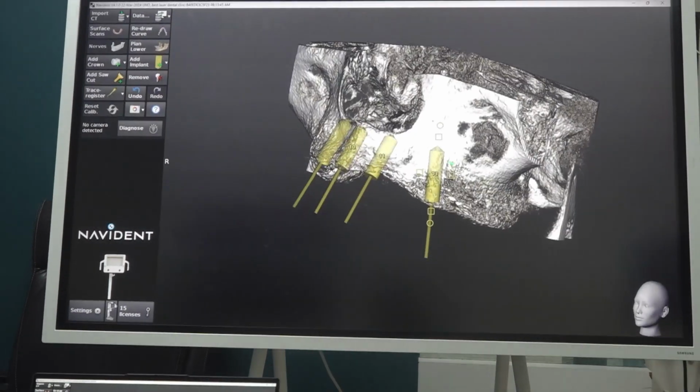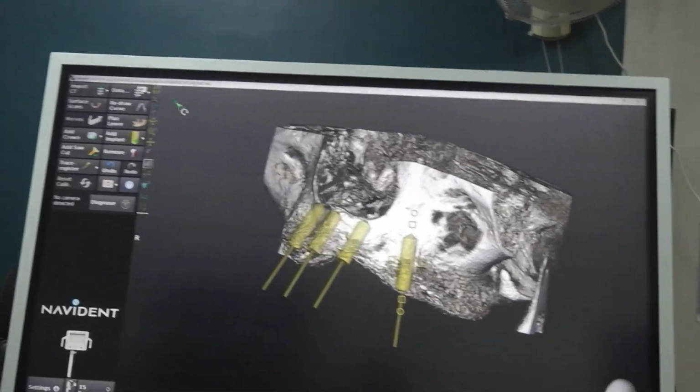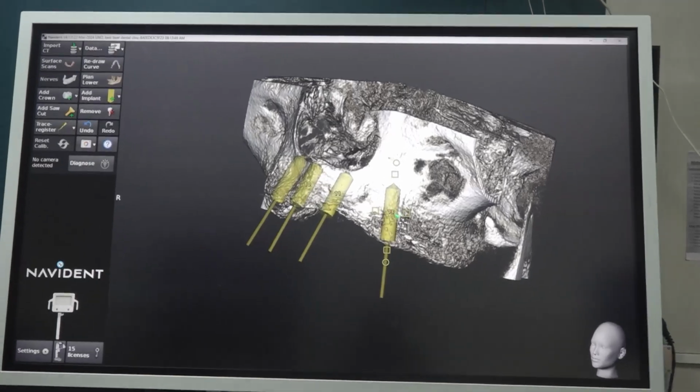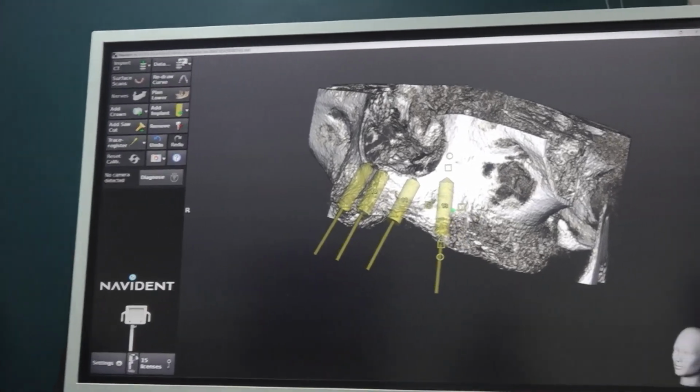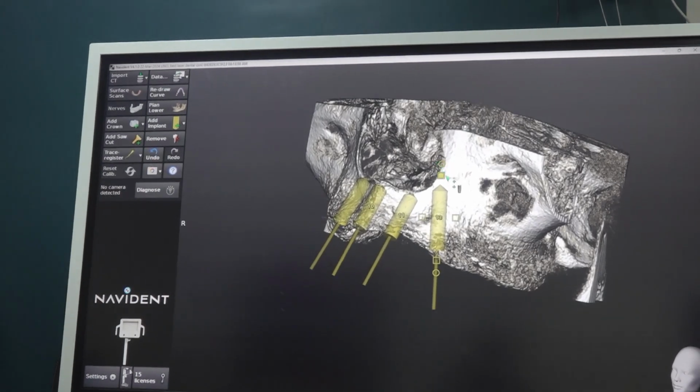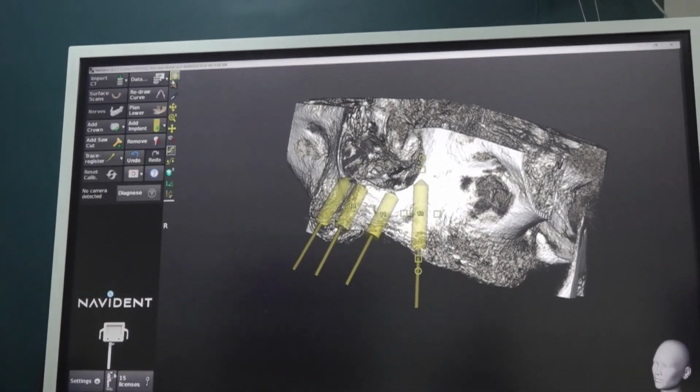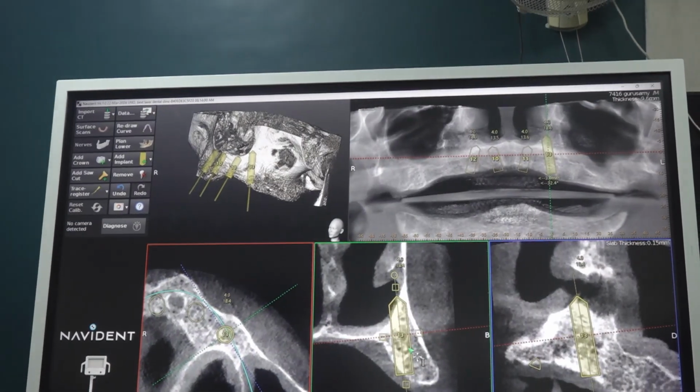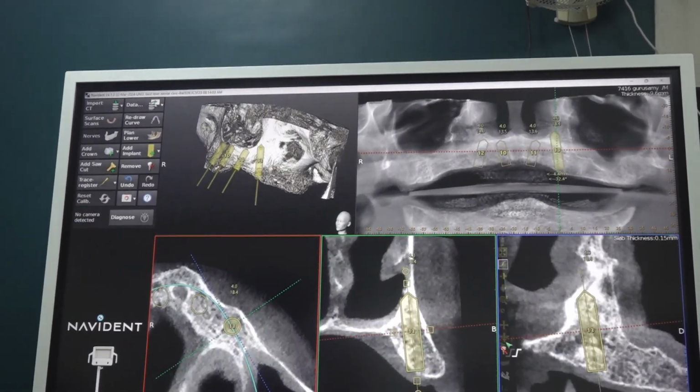See, even if you have kept the implant away from the buttress, you are in good bone. That is actually a good thing. So we will keep the buttress and we will see. Okay? This also good.